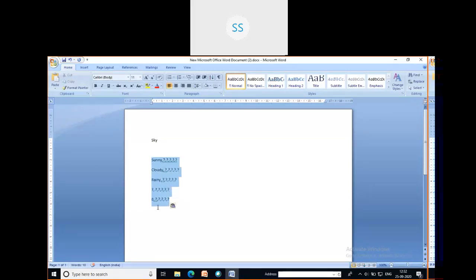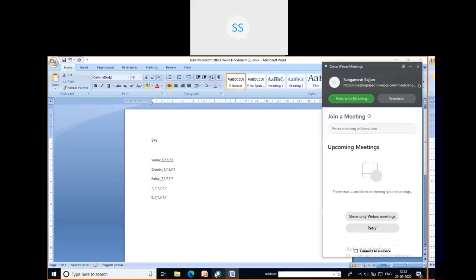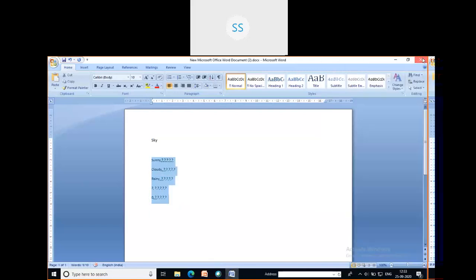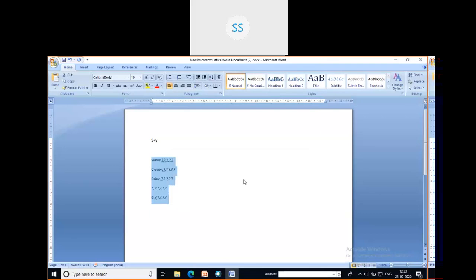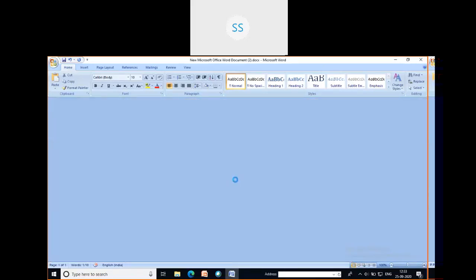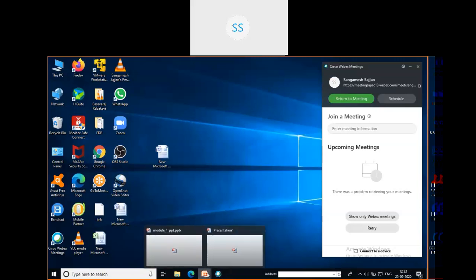Then how many hypotheses were constructed using only the values of the sky attribute? 5 hypotheses you have designed, right? Apart from the available 3 values, sunny, cloudy and rainy, there are 2 more implicit values called the question mark and the null symbol. That is what you have to look into.